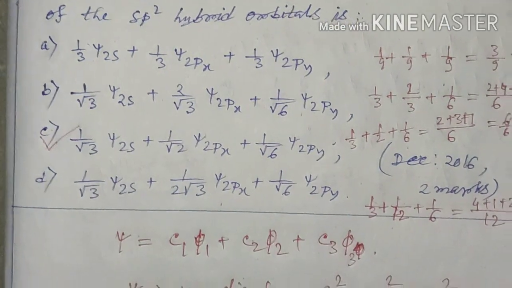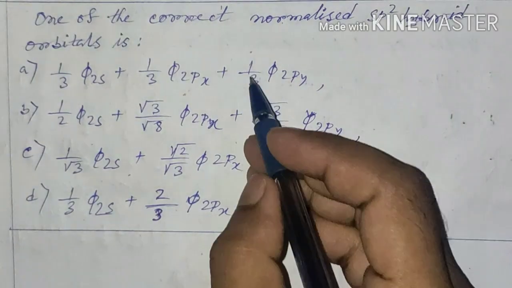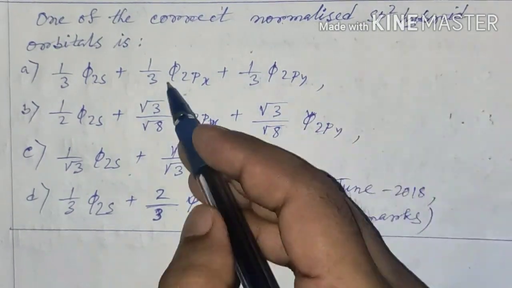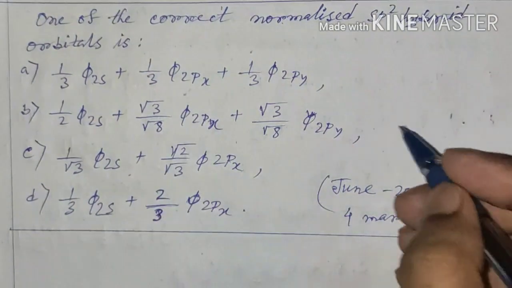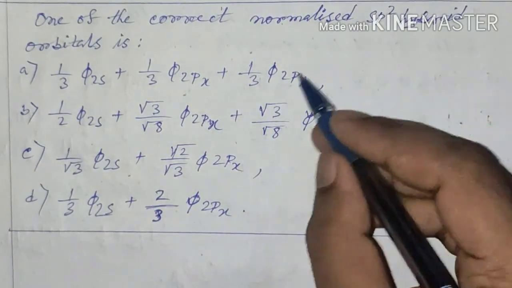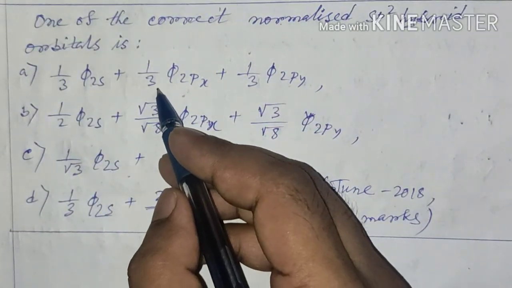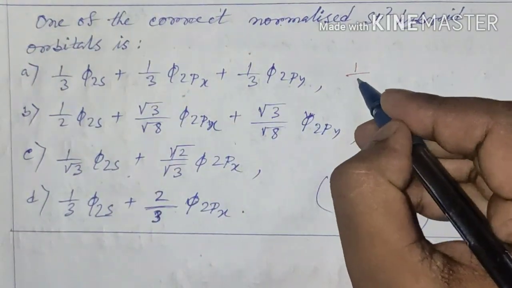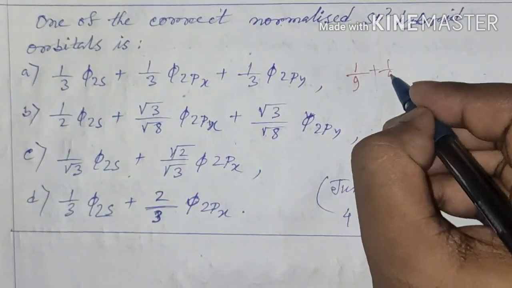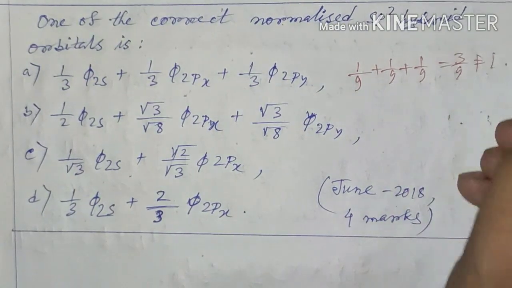Now let's go to the second question. Similarly, here you also have to find a normalized sp2 hybrid orbital from the given four. As I previously performed, I am going through the same logic, first calculating the summation of the contribution. For A, that is 1 by 9 plus 1 by 9 plus 1 by 9, it will be 3 by 9, not equal to 1.